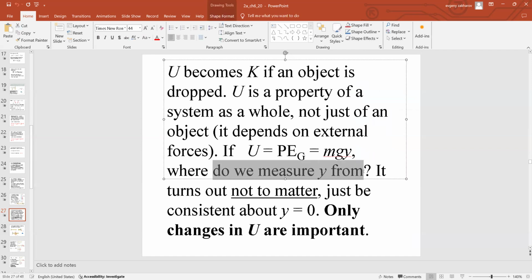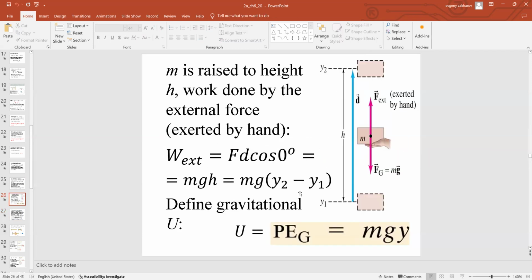So where do we measure y from? It really doesn't matter. It's your choice of your 0 level. But once you choose your 0 level for position, you have to be careful and always refer to that 0 level. My recommendation for you is to just choose the surface of Earth as 0. So everything on top of that level would be positive.